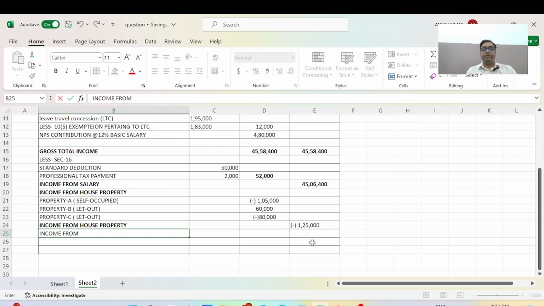Now we will calculate income from other sources.